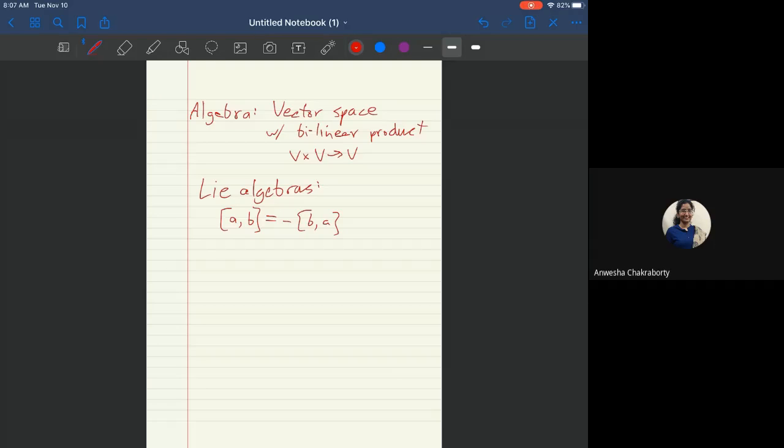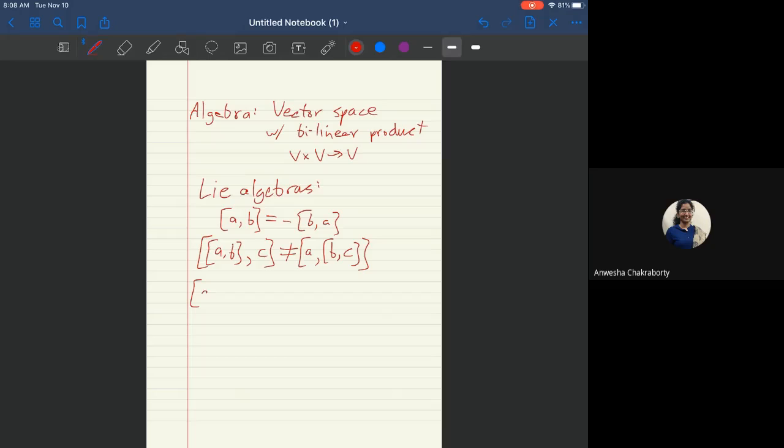And then, if you think about A and B as being like matrices, and this product is what you would normally call the commutator of those matrices, then it's not associative. It's not associative because in general the product of A with B, and then taking the product of that with C, is not equal to first taking the product of B with C and then taking the product with A. But there's a replacement for the associativity condition, the so-called Jacobi condition.